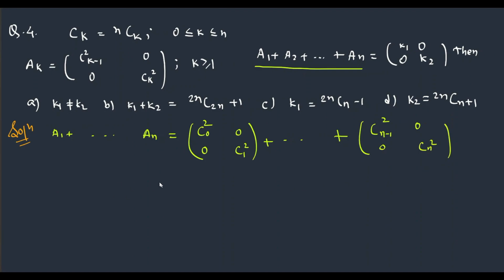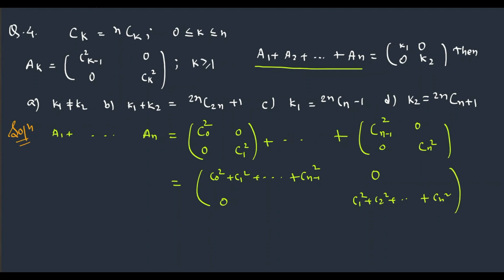So we have to add these matrices. So now we have C0 square, C1 square, then the last term is Cn minus 1 square. Here 0, here 0. All the matrices have the second element 0, third element 0, and fourth element C1 square, C2 square, and the last element will be Cn square.